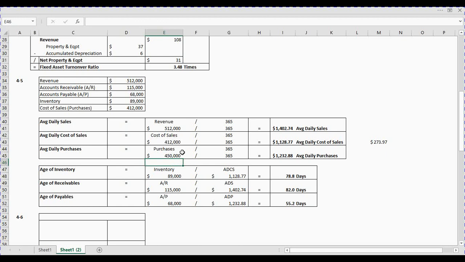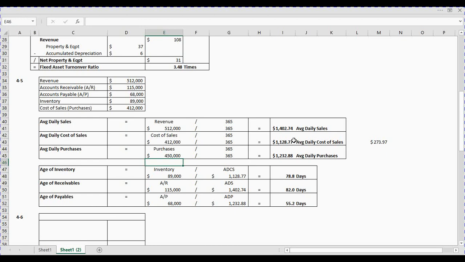So there's $38,000 of stuff that I purchased that's still in my warehouse. Is that good or bad? So we really don't want to see, unless our revenue is increasing rapidly, this situation where our average daily purchases outstrips our average daily cost of sales by much.